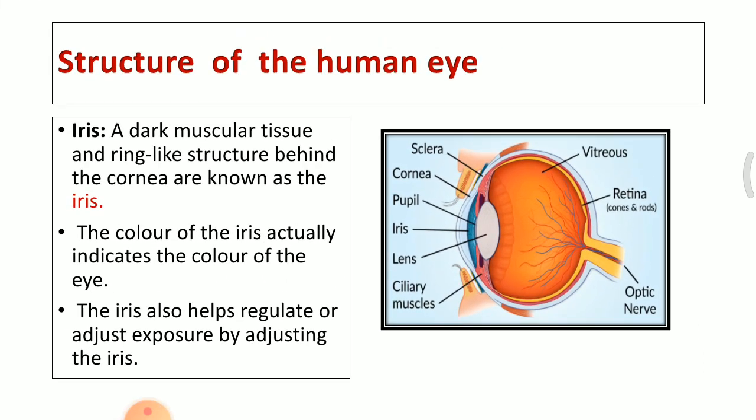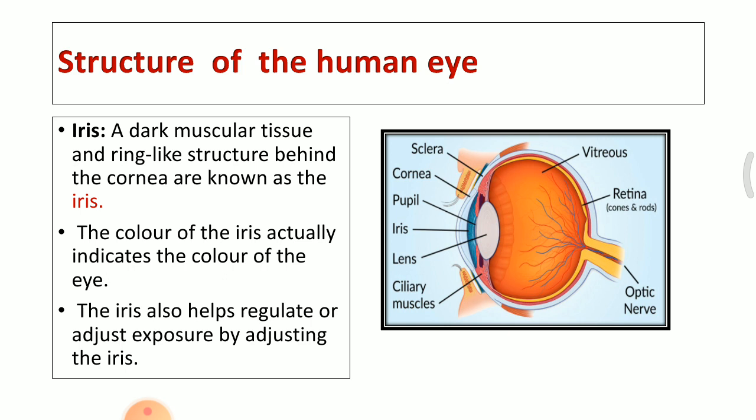The color of the iris indicates the color of the eye. Here the color of the iris is blue, so the color of the eye is blue. In some people, the iris is brown, greenish, or black. So depending upon the color of the iris, we can say the color of the eye. It is a very important point.